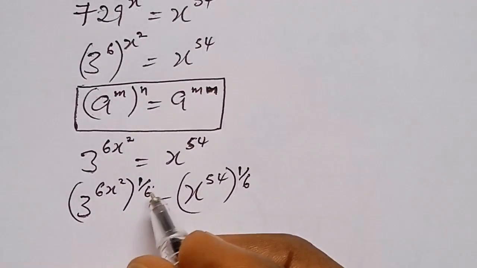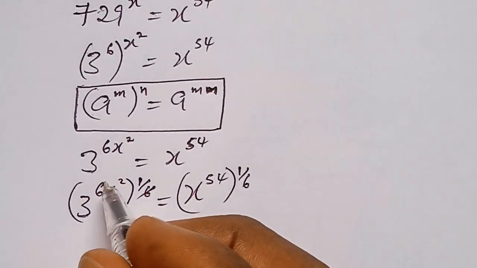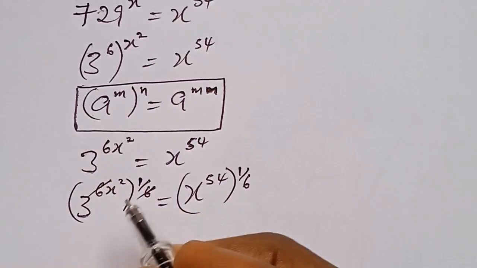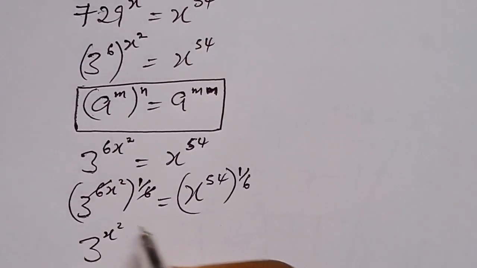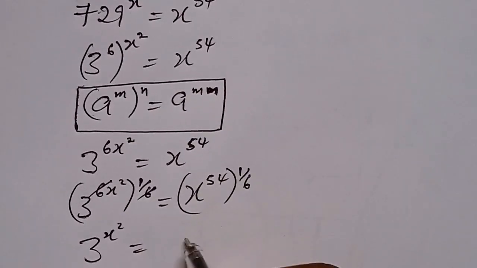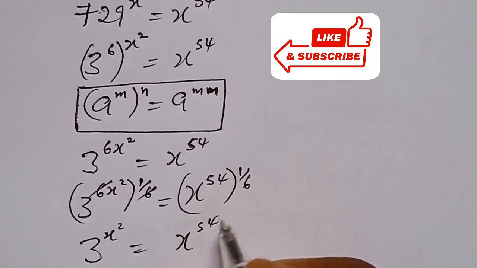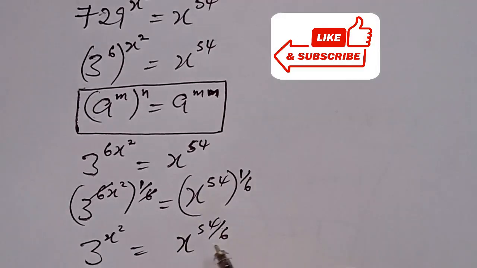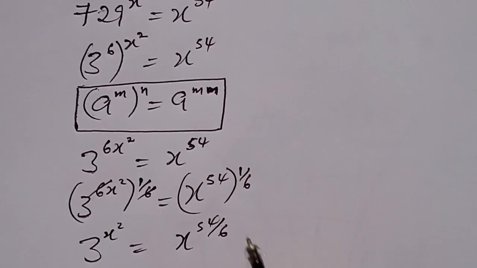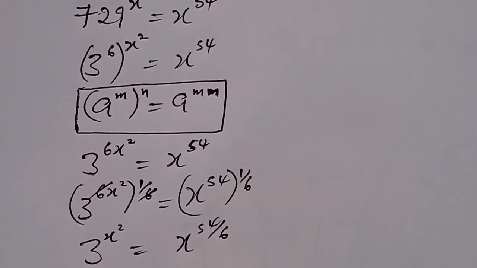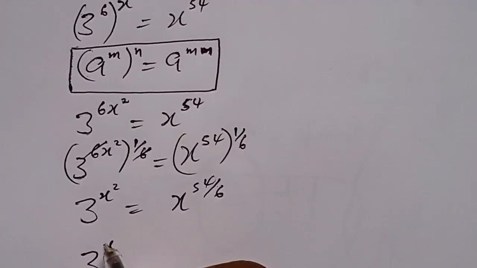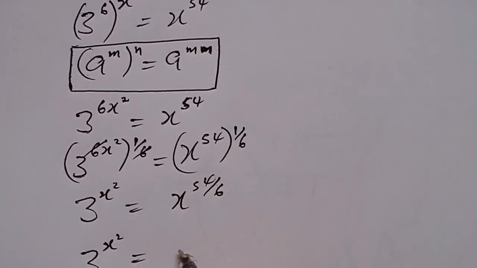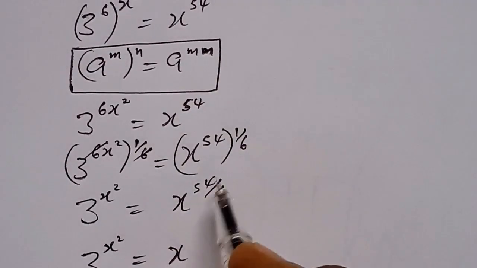So here this 6 we cancel out with this 6, and we are now left with 3 to the power of x squared equal to x to the power of 54 over 6.